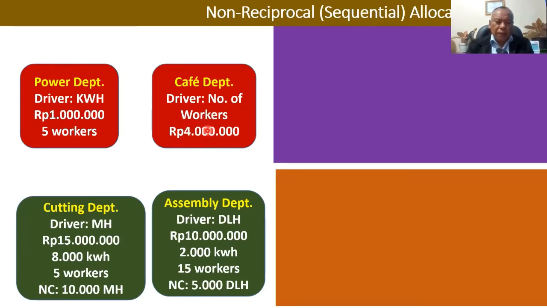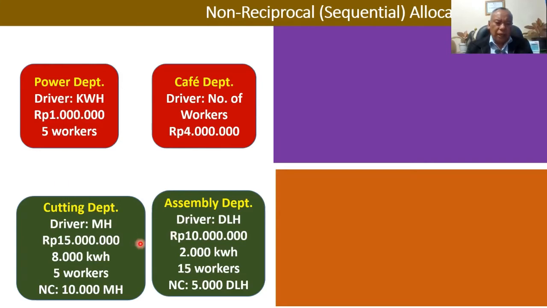We are using the same drivers. So we allocate cafe department first, because it has the highest cost, to cutting department, assembly department, and also the power department.